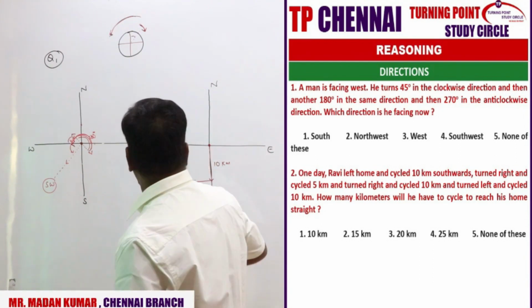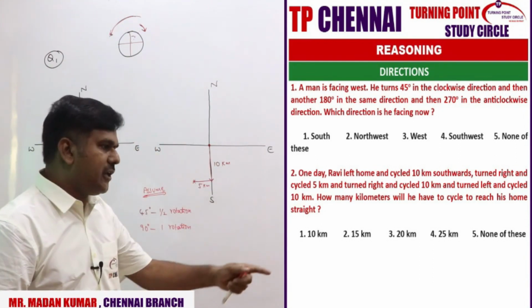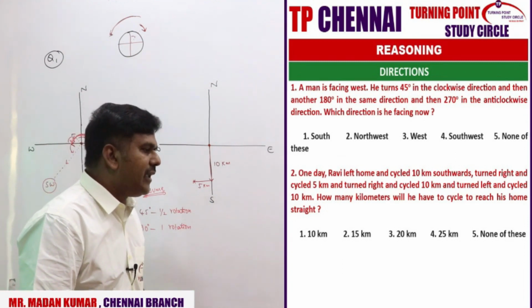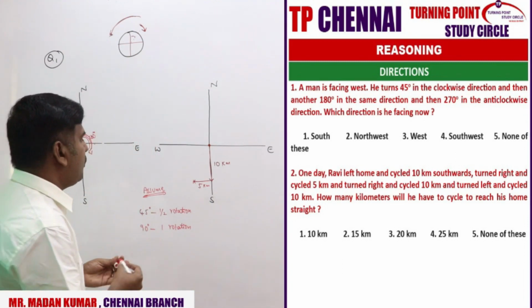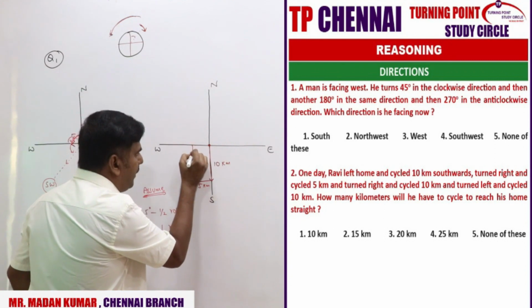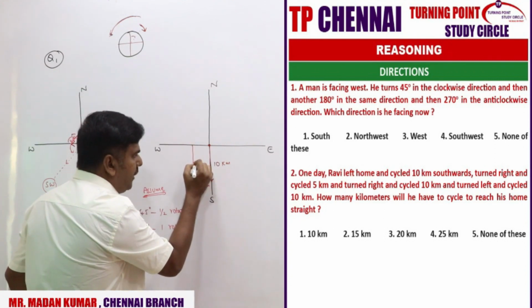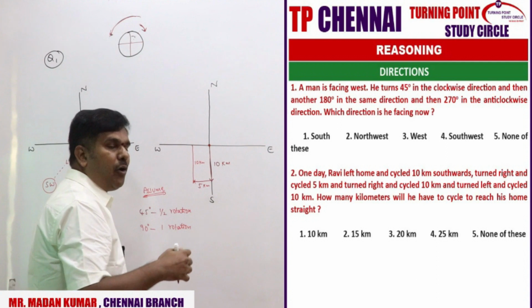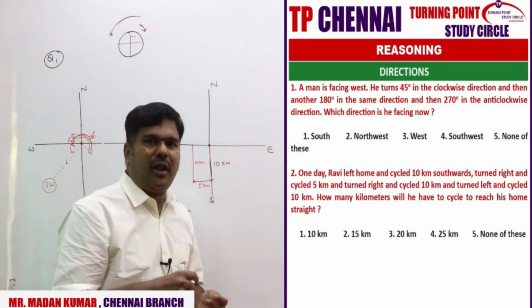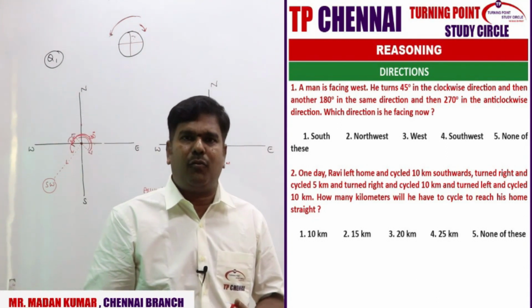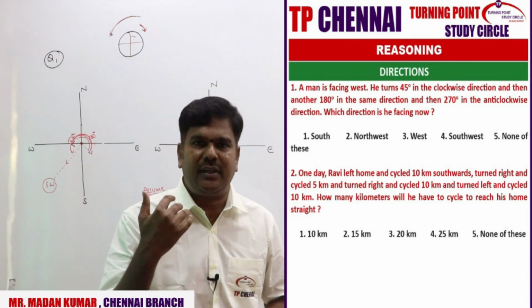So now turn right, which is the right direction? North direction, right? So what is being given? Cycle 10 kilometers. So right and exactly 10 kilometers. This side also, this one also 10 kilometers. Now facing north direction. Normally if nothing is given, we assume that everybody is facing north direction.